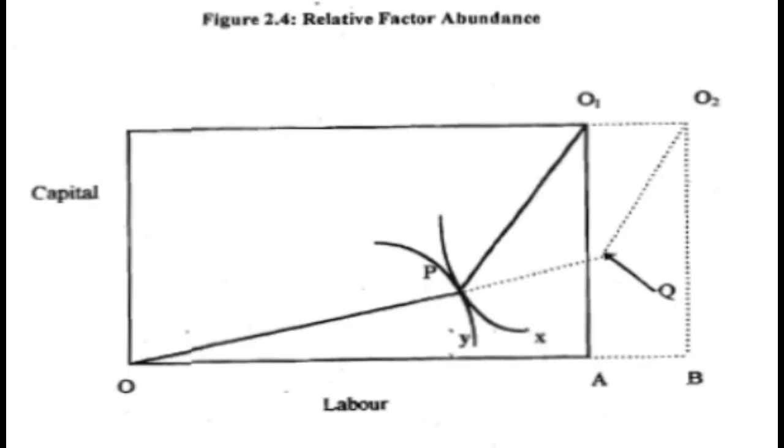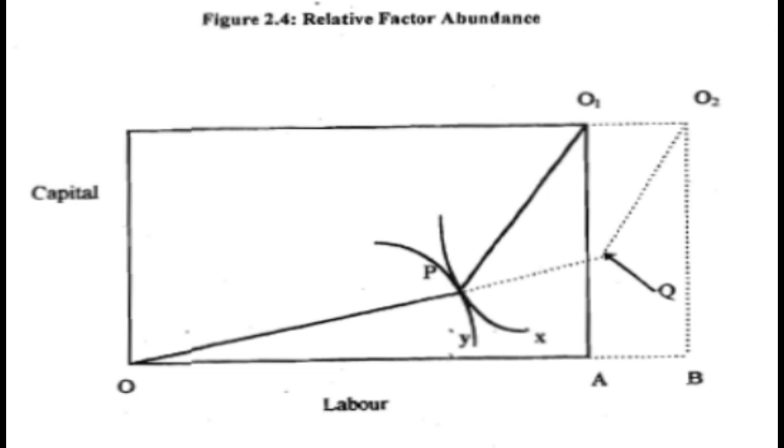In fact, at any point in the box full employment of labor and capital takes place, but at P the use of resources is optimal as the marginal rates of technical substitution, measured by the slopes of the isoquants for X and Y, are equal. Recall that this was also true in figure 2.2 because the isoquants of the two products were tangent to the same isocost line or parallel isocost lines.